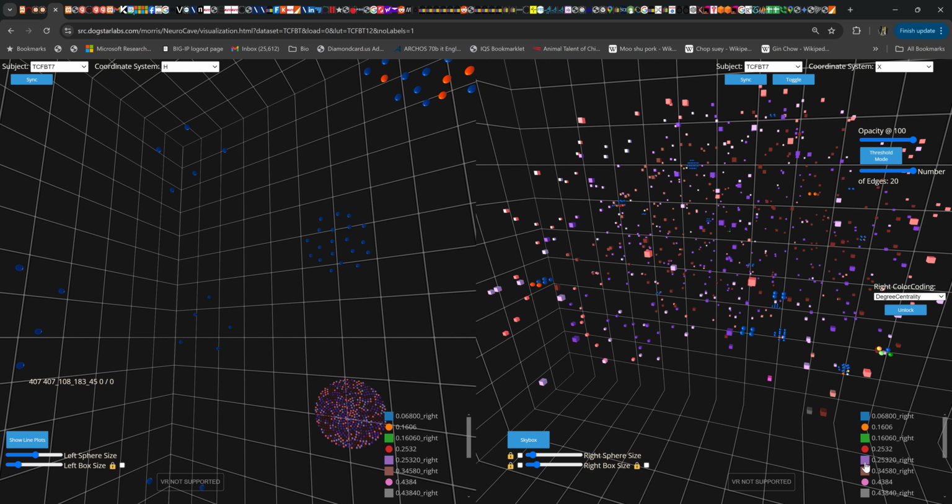squares represent the brain nodes, the healthy tissue nodes that are not masked from the tumor, and we can click on them and gray them out.